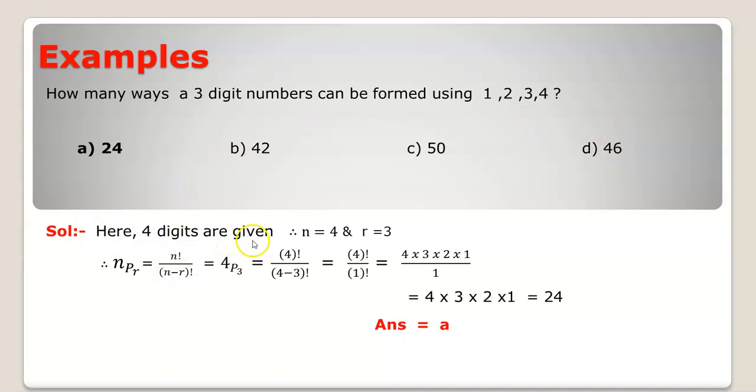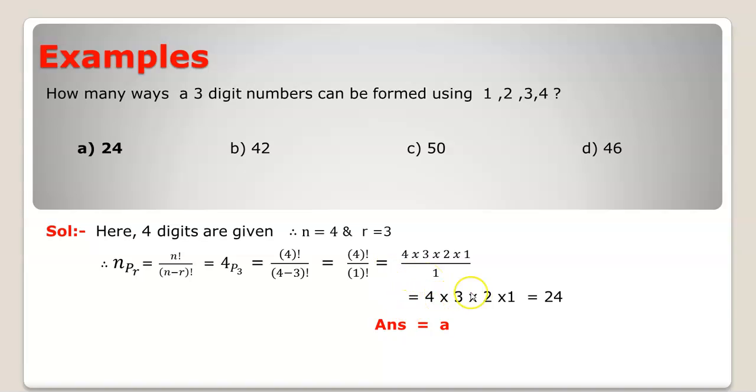Here 4 digits are given, so n equals 4, and they are asking to form a 3-digit number, so r equals 3. Therefore, by the formula of permutation, nPr equals n factorial upon n minus r factorial, so 4P3 equals 4 factorial upon 4 minus 3 factorial, which gives 4 factorial upon 1 factorial. 4 factorial is the continuous product of the natural numbers 4 into 3 into 2 into 1, divided by 1 factorial, which is 1.